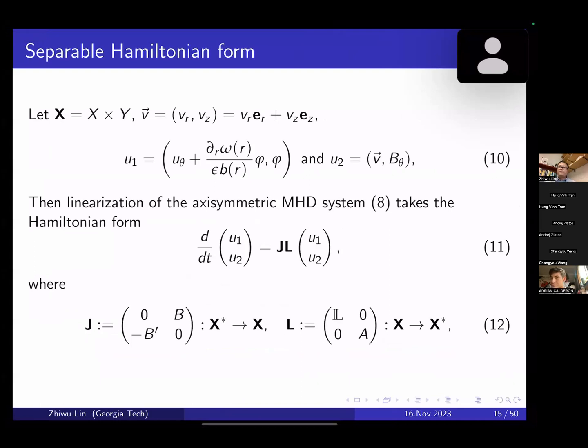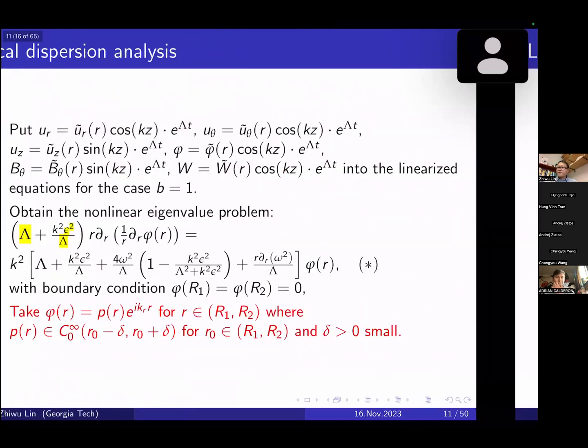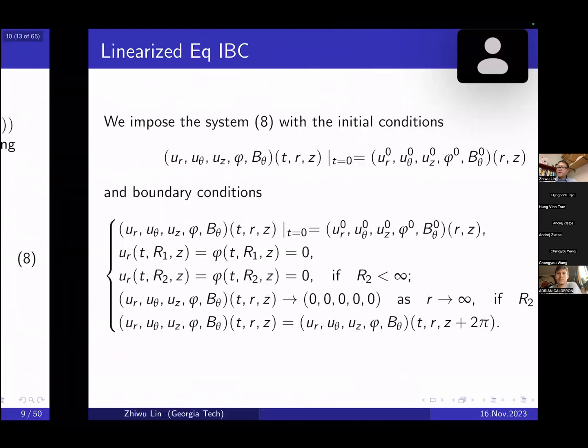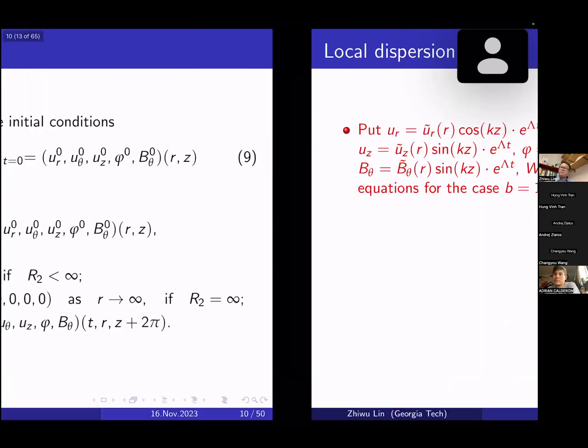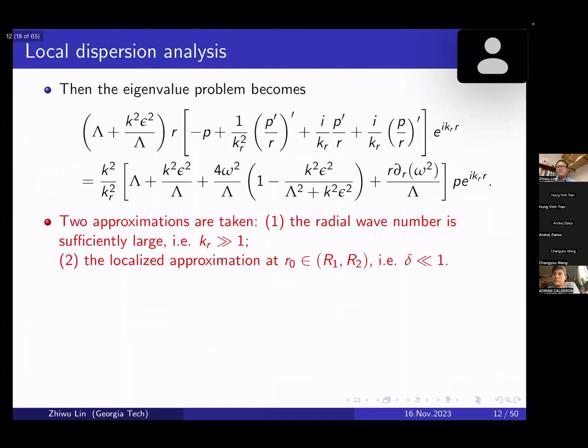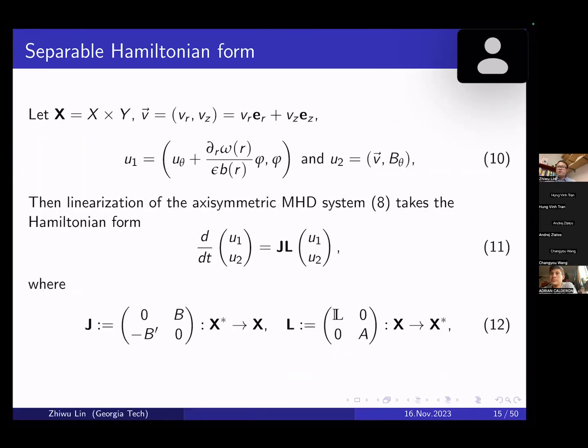Okay, now let's rewrite our linearized MHD system. This is the system we wrote previously, this linearized MHD system. We can write it as a Hamiltonian system by introducing these function spaces and regrouping the variables.